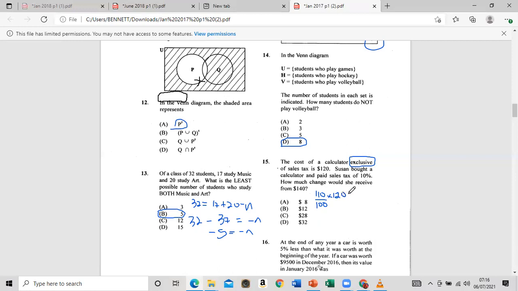So 11 times 12, that's 132. So how much change did she get, right? So it's 140 minus that, that would be your change. I know I love money. Everybody can calculate change. So it's $8.